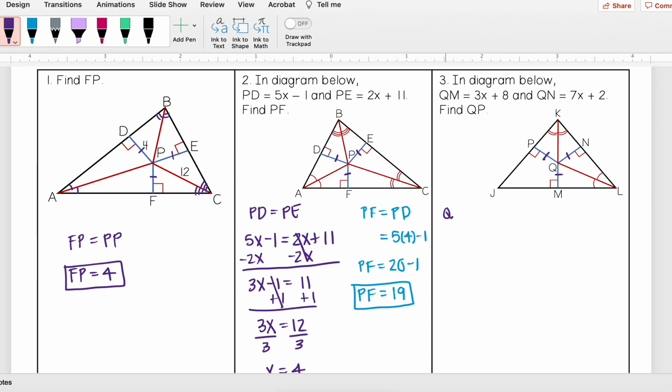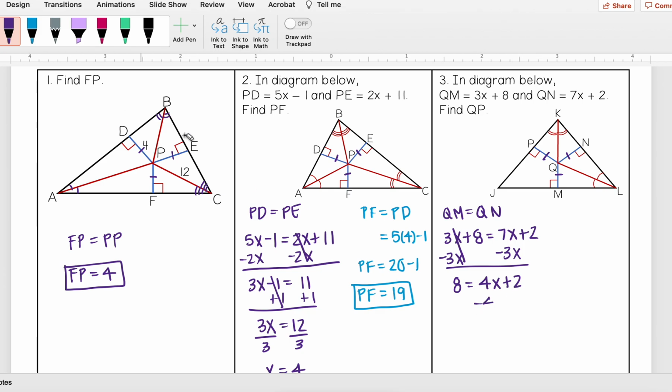So I have that QM is equal to QN. So 3x plus 8 is equal to 7x plus 2. And I'll go ahead and solve. So subtract 3x. I get that 8 is equal to 4x plus 2.